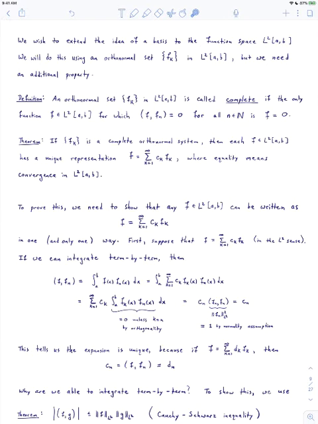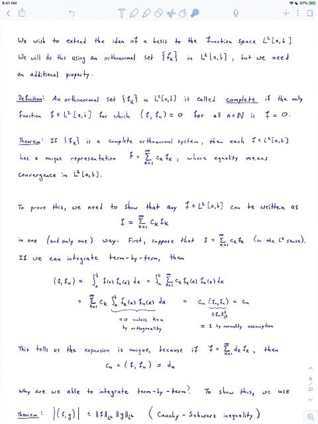We're assuming that, but we also need an additional property, which is completeness. An orthonormal set is called complete if the only function f for which the inner product of f with f sub n equals 0 for all n is f equals 0. Let's talk ourselves through that. We have an orthonormal set f sub k.